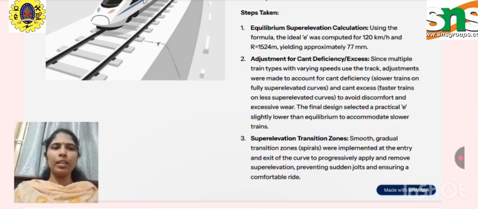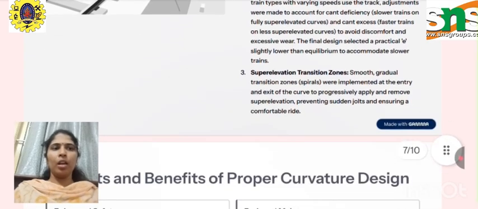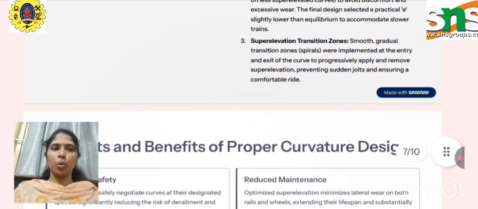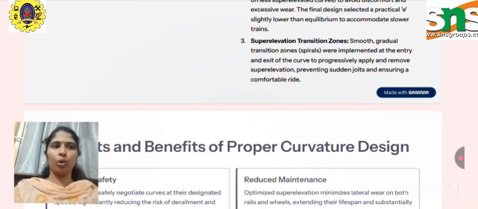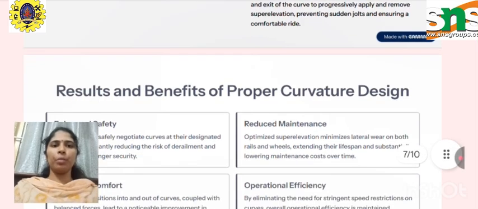The final design selected a practical e slightly lower than equilibrium to accommodate slower trains. Super elevation transition zones: smooth gradual transition zones were implemented at the entry and exit of the curve to progressively apply and remove super elevation, preventing sudden jolts and ensuring a comfortable ride.